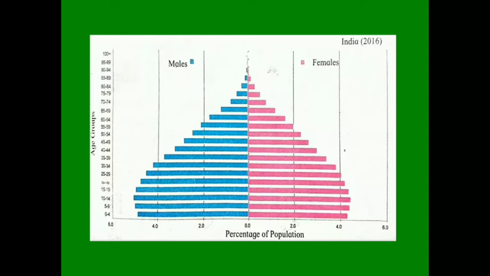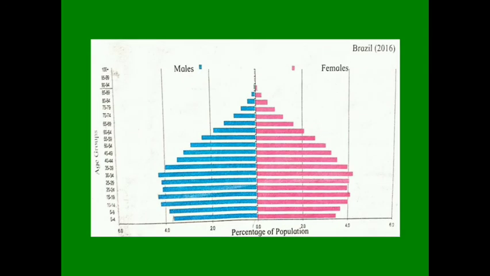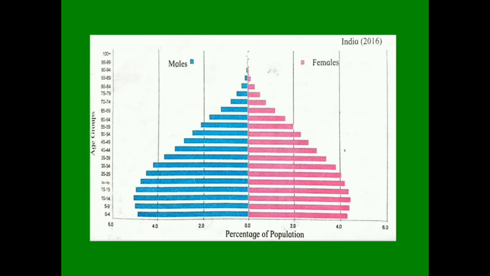Now, if we compare both the pyramids, we will observe that the young age group of India is more than Brazil. Just see the bottom part of it. This is Brazil and this is India. So, the bottom part of India is more. That is, the age group from 0 to 35-39 years is more.